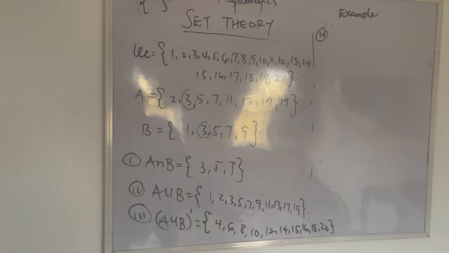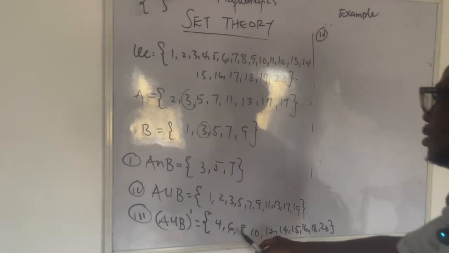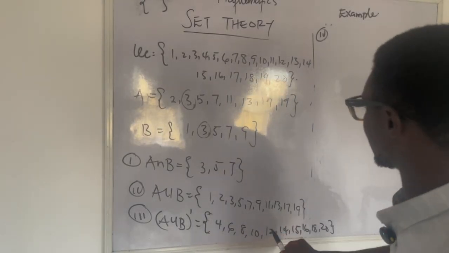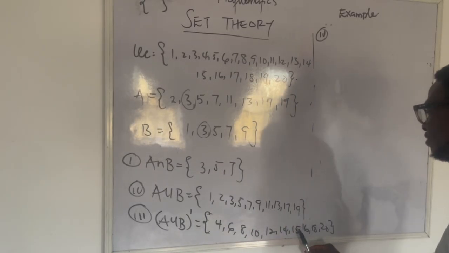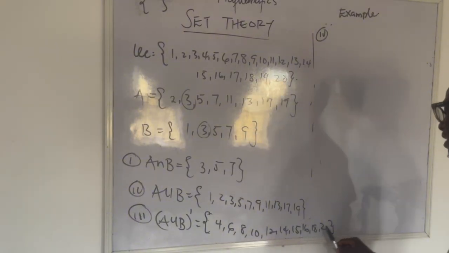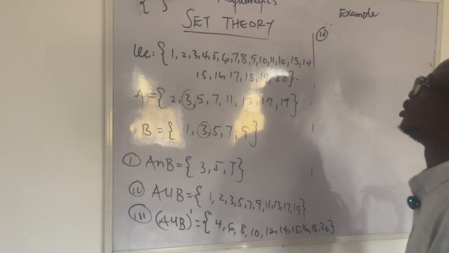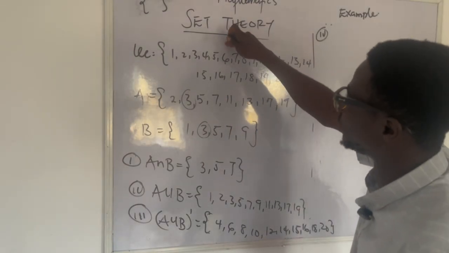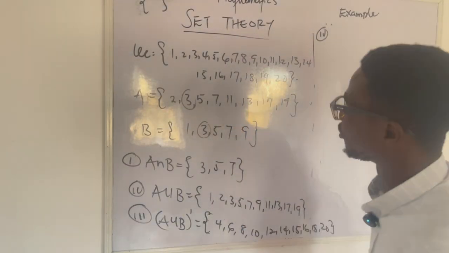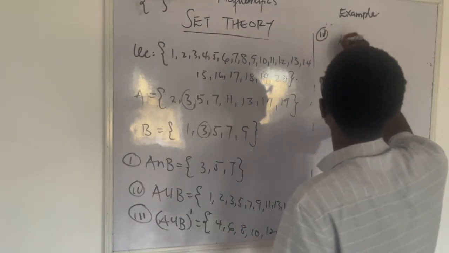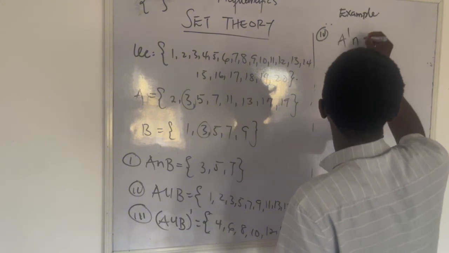So then we say that 4, 6, 8, 10, 12, 14, 15, 16, 18, and 20 are the complement of A union B, because they can be found in the universal set and cannot be found in A union B.